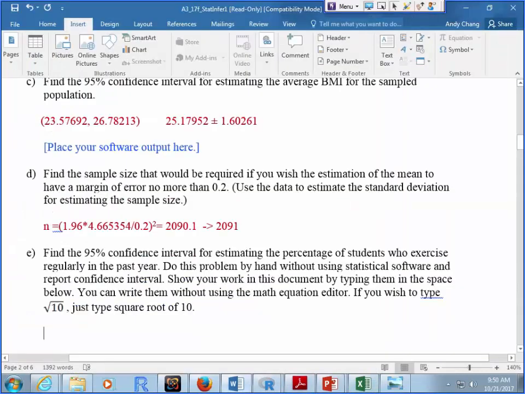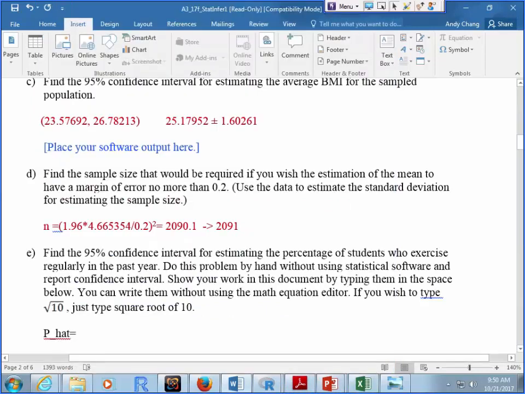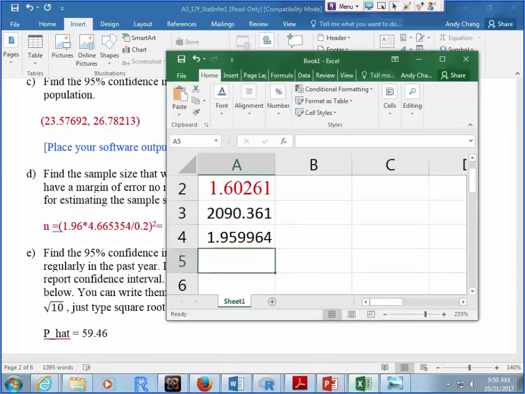The p hat is 59.46. So that's your p hat. If you have the equation editor, which I don't have activated, you can put a hat on top of it. So the interval estimation will be this p hat plus or minus the margin of error. Let's just do this inside Excel first.